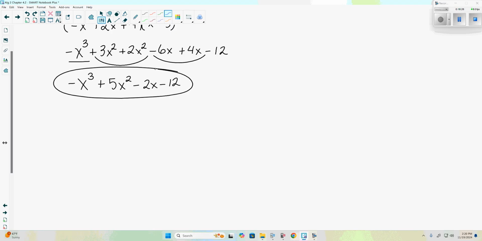Now, most likely, the term, our variable with the biggest exponent, the one that comes first, is normally going to be by itself. And the last term is normally going to be by itself, normally. Questions on this here? We ready for the next one?